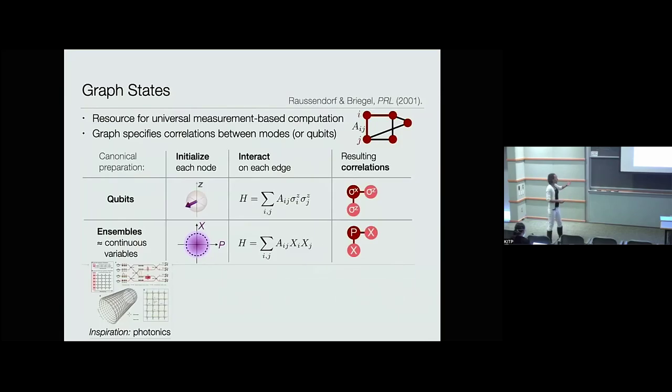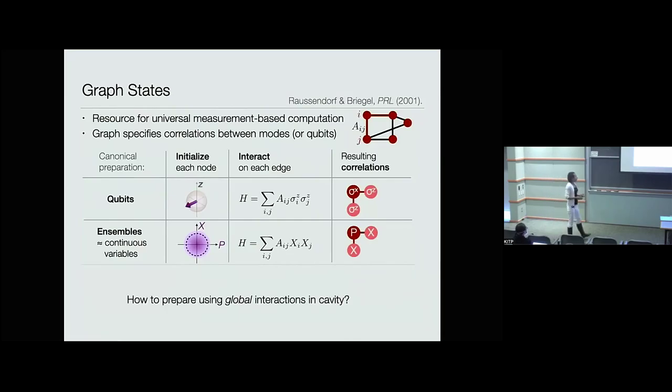So I'm going to think about a region on that spherical phase space that's roughly planar, and we start with some Gaussian state, and the graph state is the one that you would make by having interactions that look like x_i x_j on all edges of the specified graph. And that would give you correlations between x on a given site and p on the neighboring site.